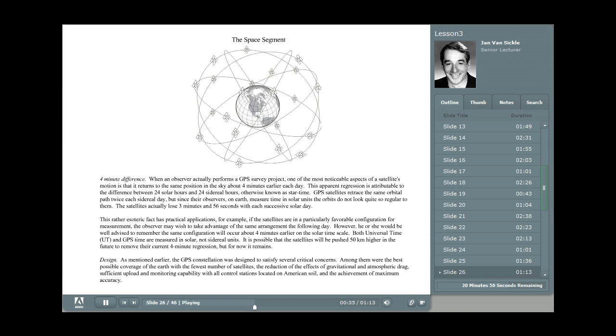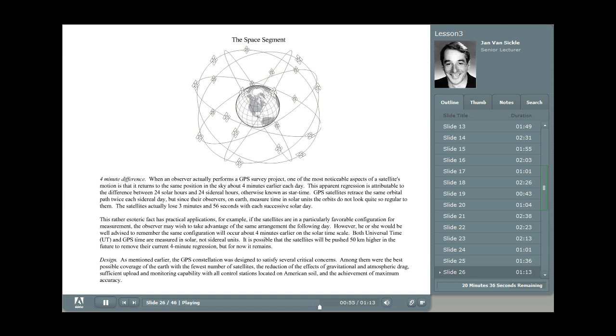So if one was measuring a particular constellation and wanted to return to the same constellation on the next day, it's good to be there 3 minutes and 56 seconds earlier to see the same constellation. This, of course, is because of the difference between solar and sidereal time.